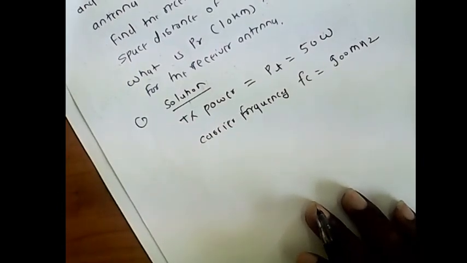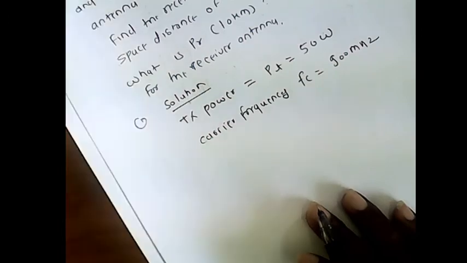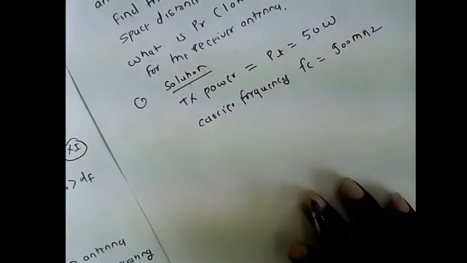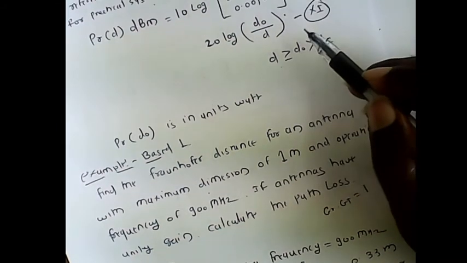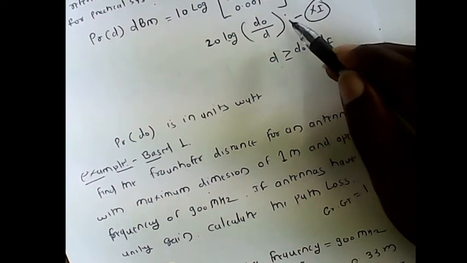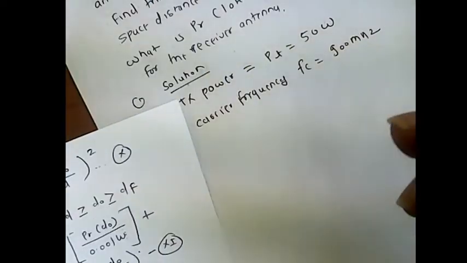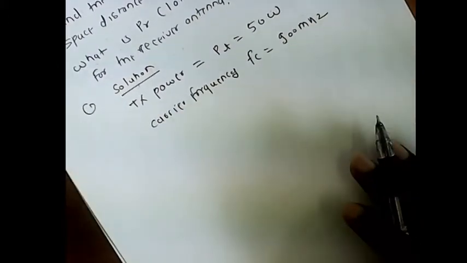So by using this equation we can calculate the transmitted power in dBm or decibel watt or decibel milliwatt.